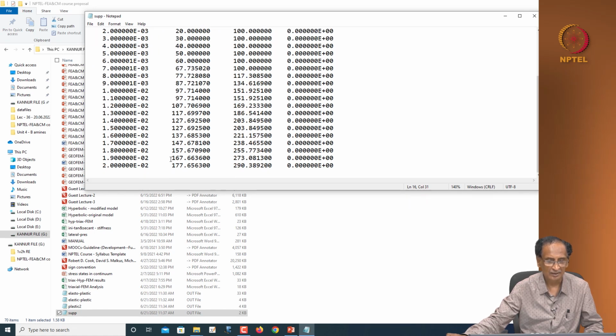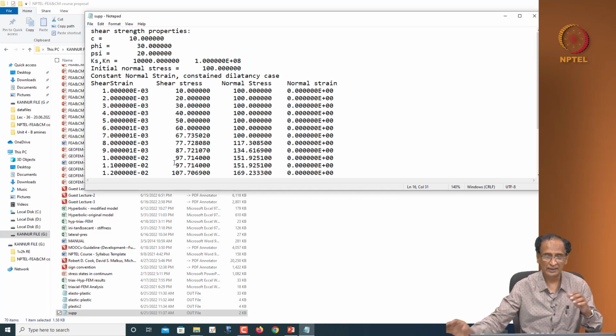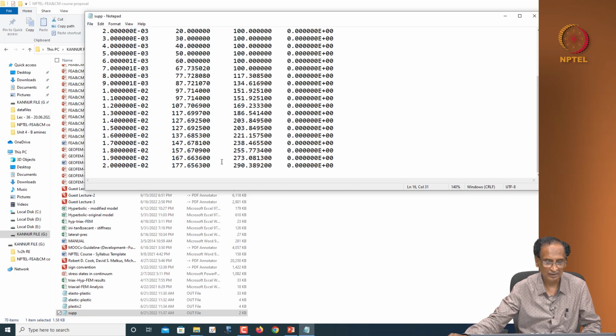So, at any stage your shear stress is exactly equal to C plus sigma tan phi. That is what we see here: at a shear strain of 0.002, the normal stress is increased to 290, and so our shear stress is also increased to 177.65, that is C plus sigma tan phi.